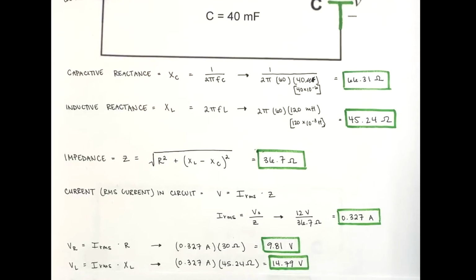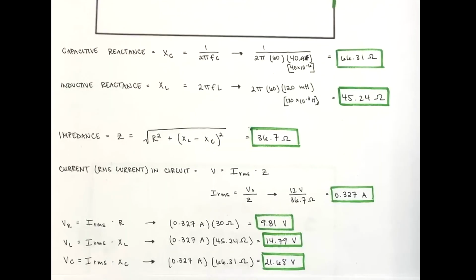So we're going to use that 0.327 amps one more time, and multiply that with the inductive reactance, which is 45.24 ohms, and that should give us 14.79 volts. Now we're going to calculate the voltage across the capacitor, so it's going to be that current times the capacitive reactance. And that will be 0.327 amps times 66.31 ohms, and that should give us 21.68 volts.